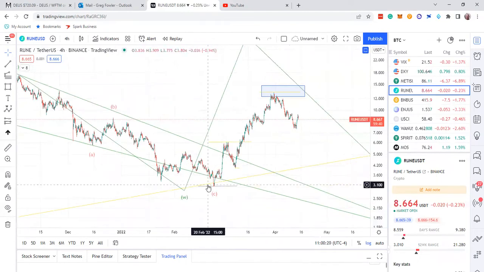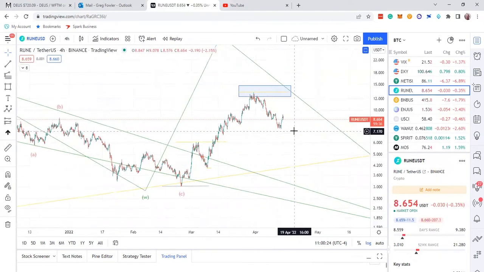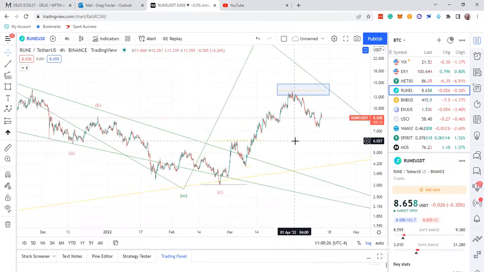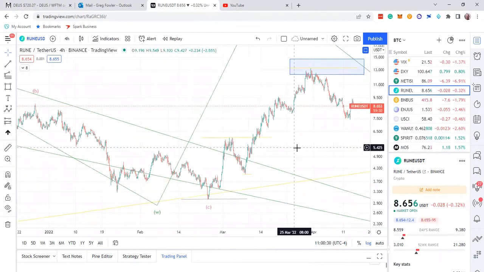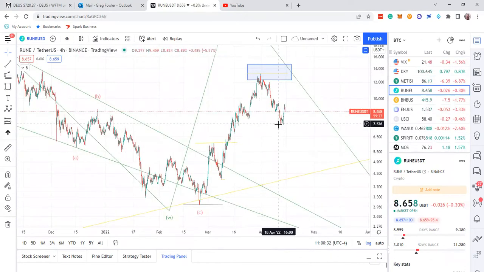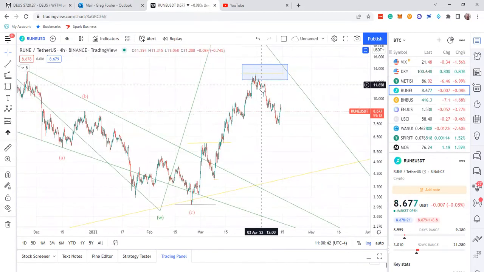It made a nice bullish move from $3 all the way up to 12. So let's see, almost a 4x. That's pretty good. I'll give Rune credit. I wanted Rune to be bullish. I was looking for a pullback to possibly get in and ride that wave. The next wave would be up.